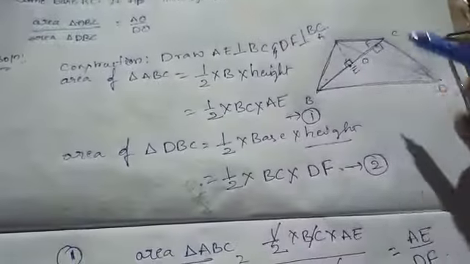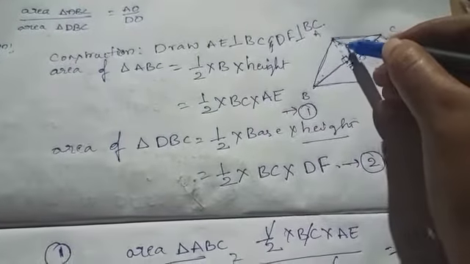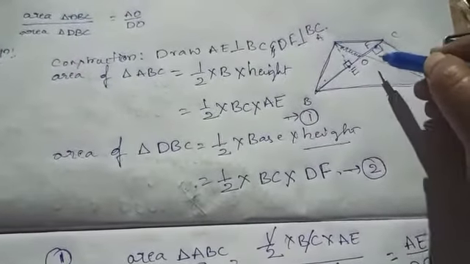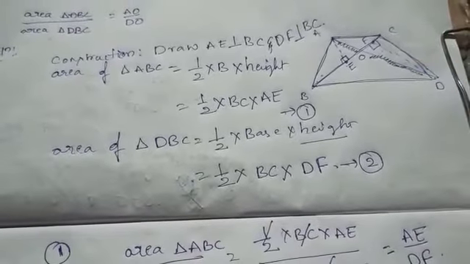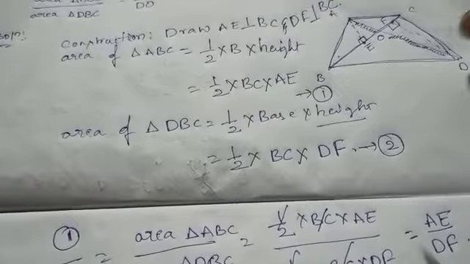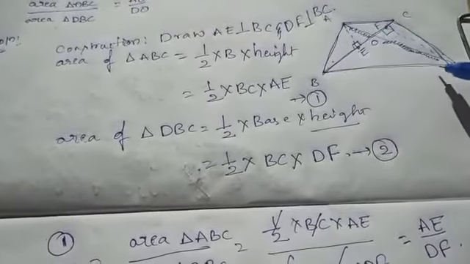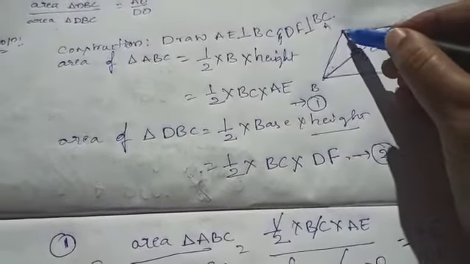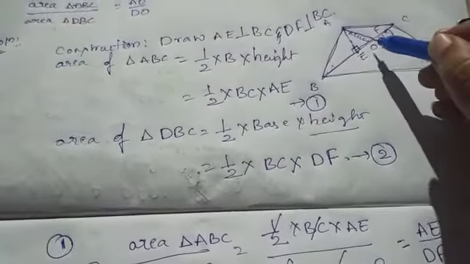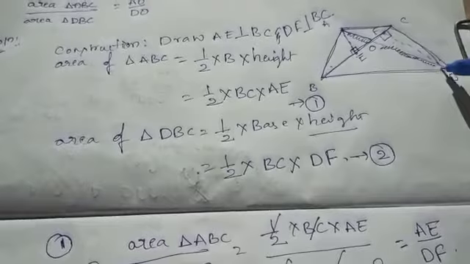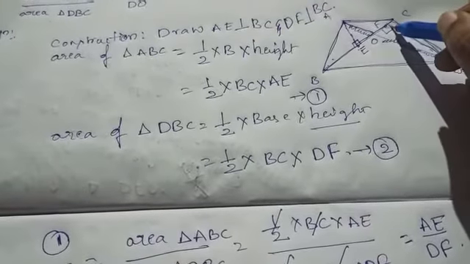But here we have to show that area of triangle ABC by area of triangle DBC equal to AO by DO. Which triangles have sides AO and DO? They are triangle AEO and triangle DFO.